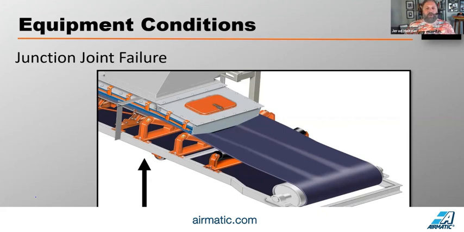And that stress is okay if there's enough real estate for it to happen. But a lot of design forces that belt into its trough without enough real estate. So when that belt is taken from a flat tail pulley to this fully troughed idler in too short of a distance, that'll cause that junction joint failure.